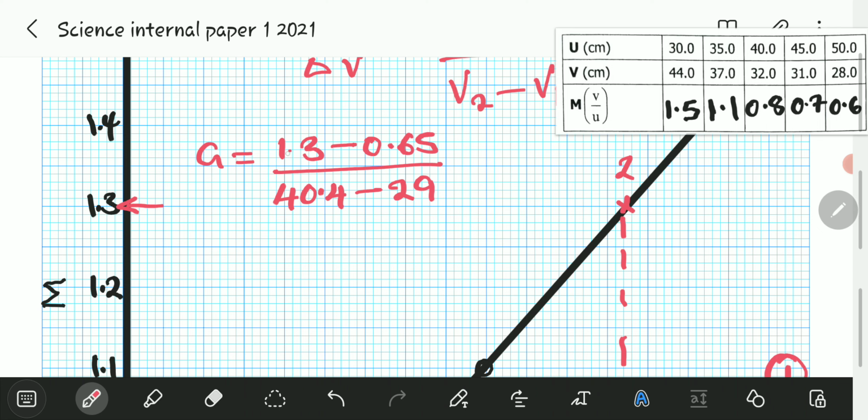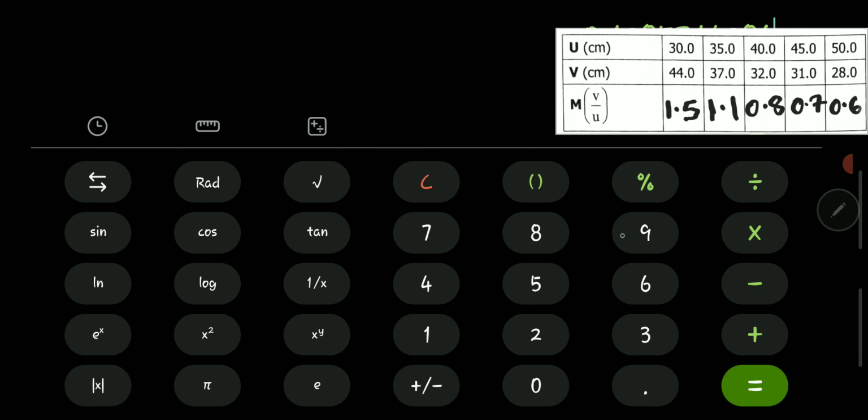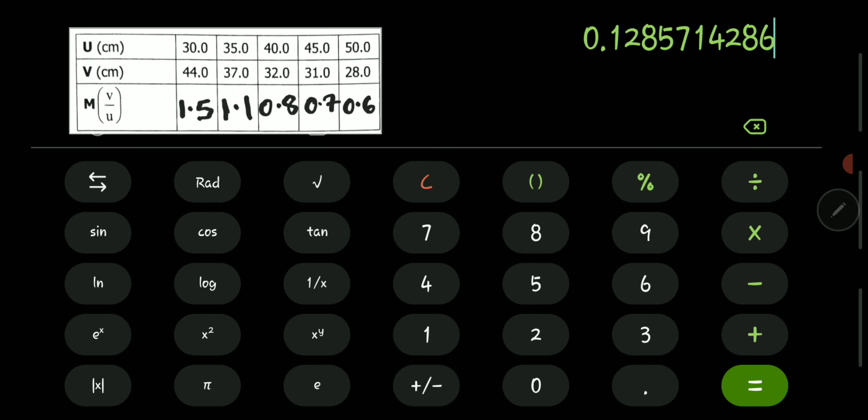So we are going to have 1.3 minus 0.65, which is 0.65.